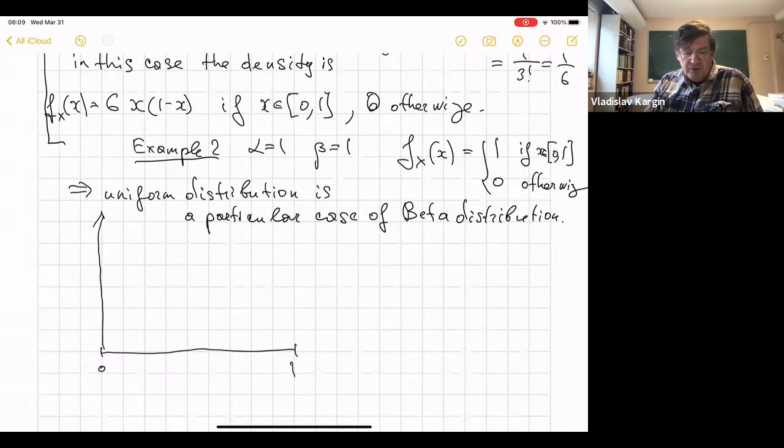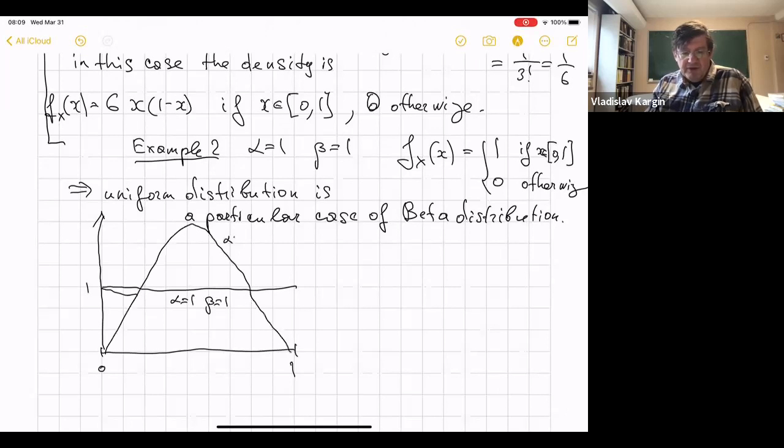So it can be flat like that, right? This is alpha equal to 1 and beta equal to 1. Typically, it's something like that, right? In this case, alpha greater than 1 and beta greater than 1, but alpha and beta equal to each other.